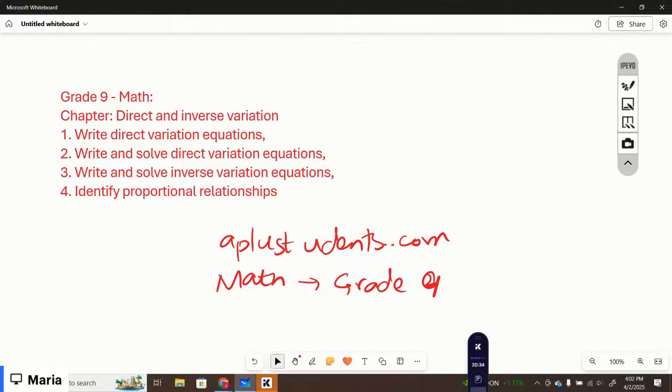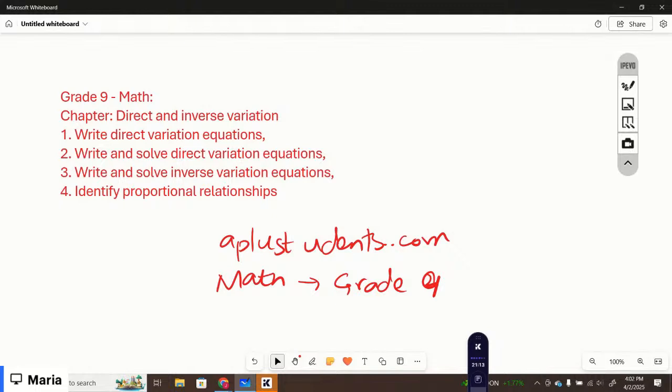We're going to start with the chapter direct and inverse variation. The lessons we're going to cover today are write direct variation equations, write and solve direct variation equations, write and solve inverse variation equations, and identify proportional relationships.